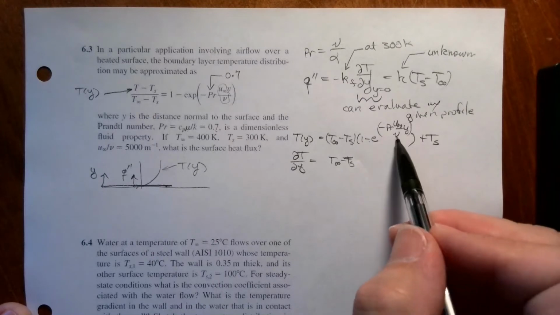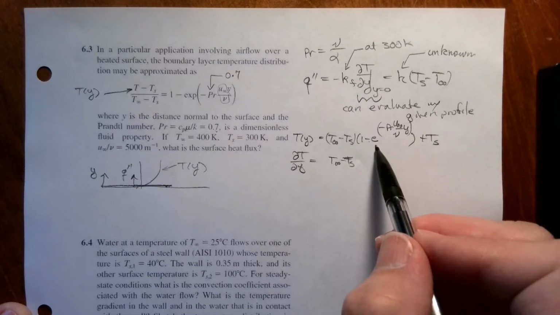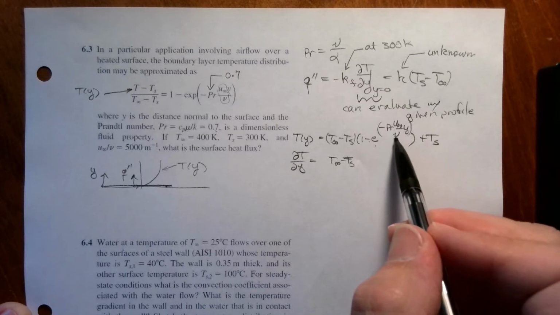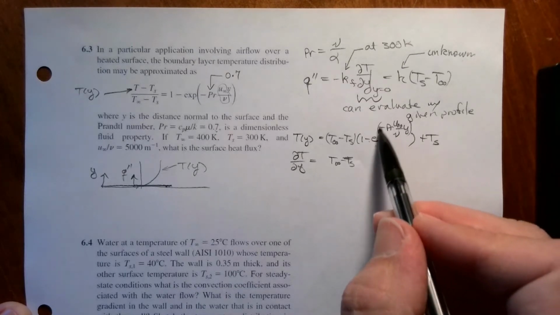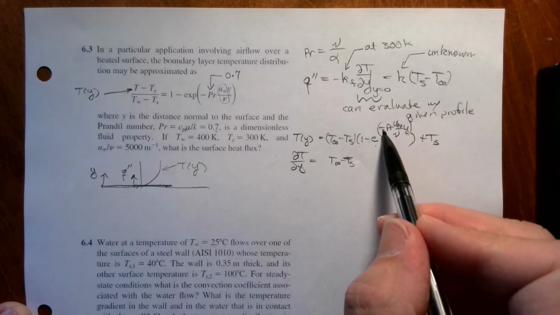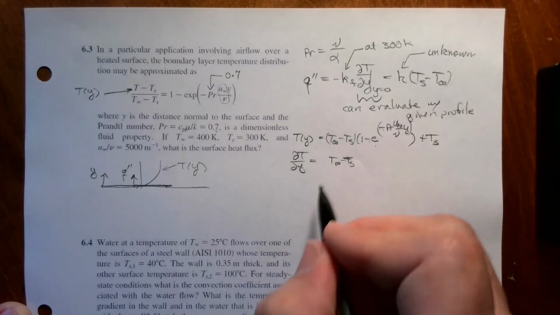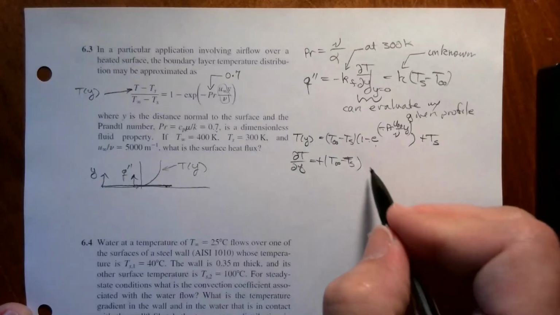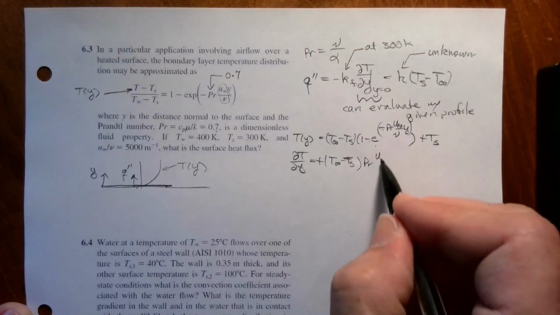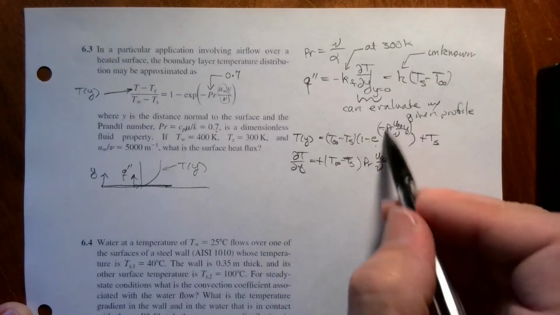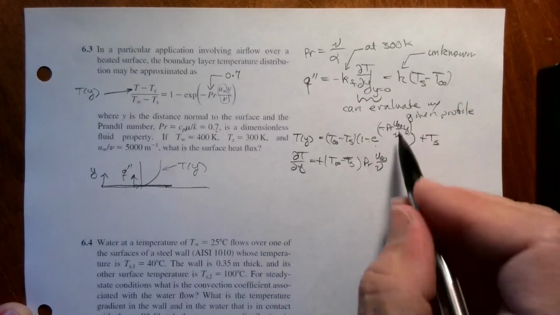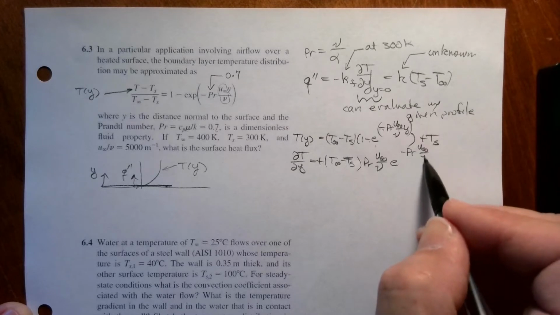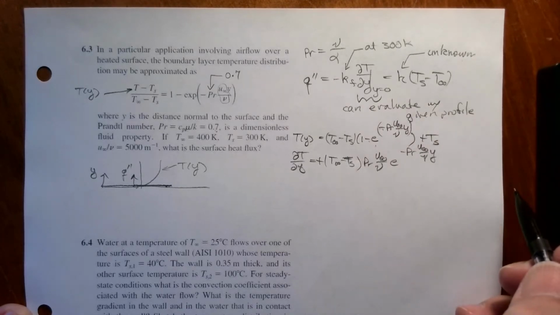So the derivative of an exponential function would be e to this again times the derivative of the exponent with respect to Y. It's just that constant out front, so that'll be a minus. And then those two minuses are going to cancel, so those minuses are going to actually turn into a plus. Right, and then I have that constant Prandtl U ambient over nu times e to the minus Prandtl U ambient over nu Y.